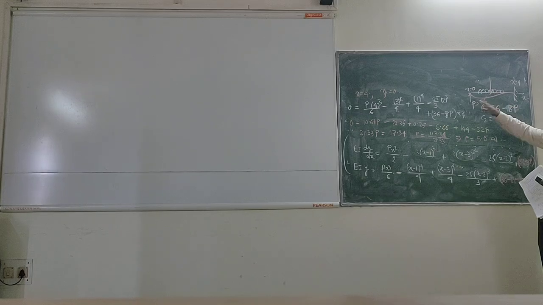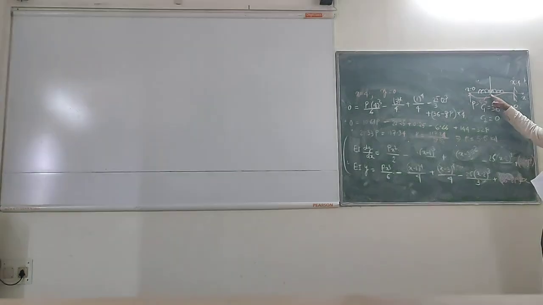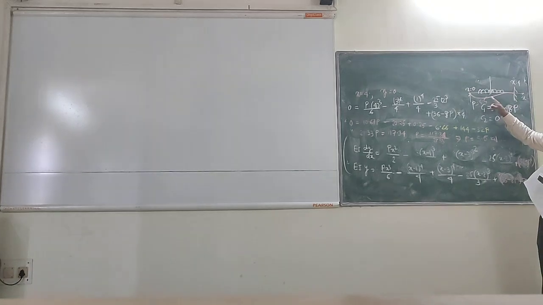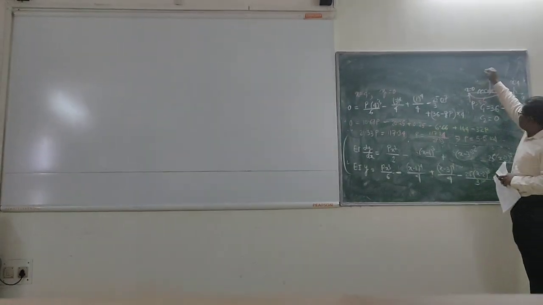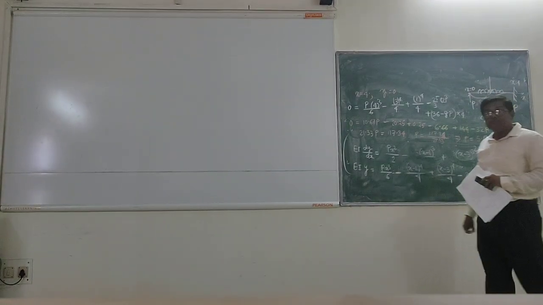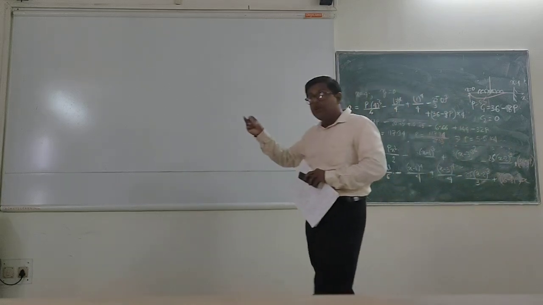However, once you cross this point, there will be a nullifying effect. You should understand from the diagram: the bending moment will be maximum somewhere here before the load, because if you cross the load, it will nullify.